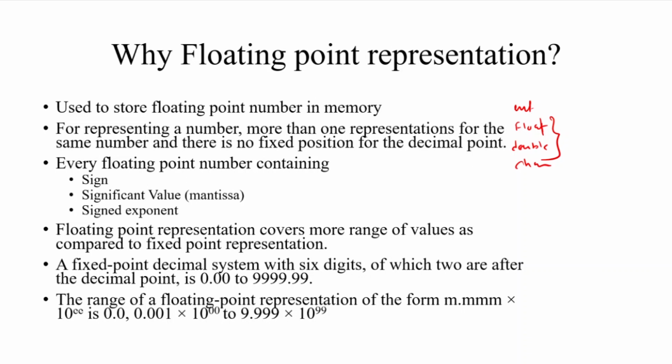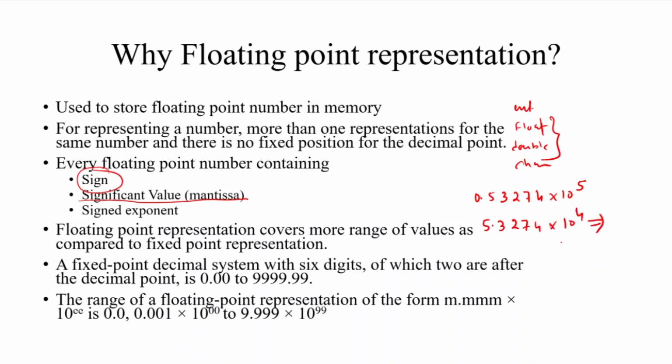So every floating point number contains a sign bit, which tells whether the number is positive or negative. Then there is the significant value, also called the mantissa. Here the number is represented as 0.53274 multiplied by 10 to the power 5, or it is also written as 5.3274 multiplied by 10 to the power 4.